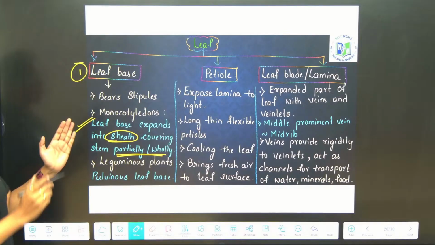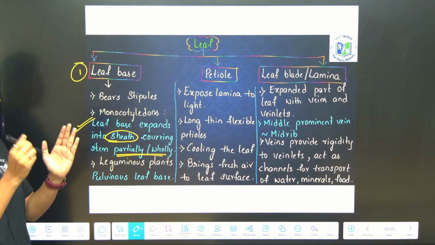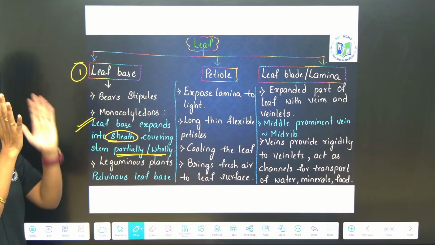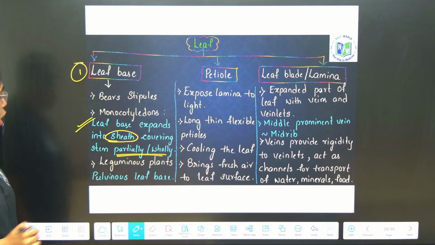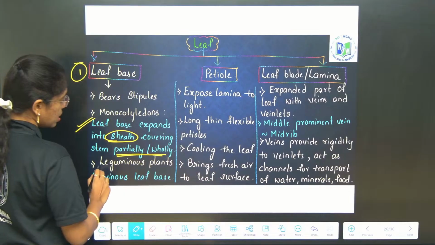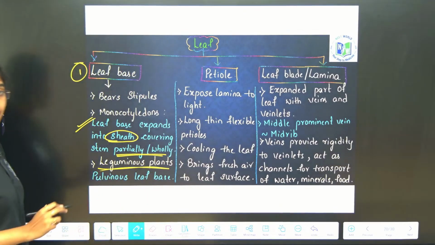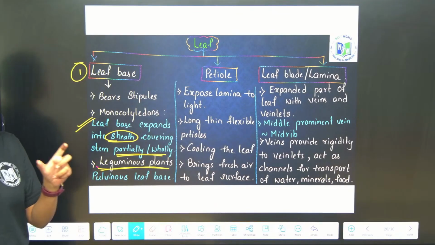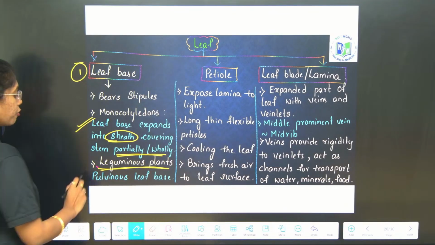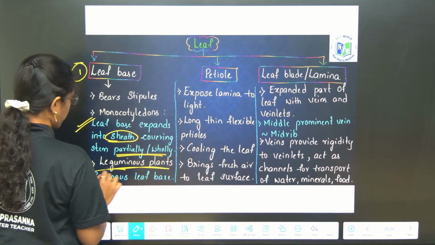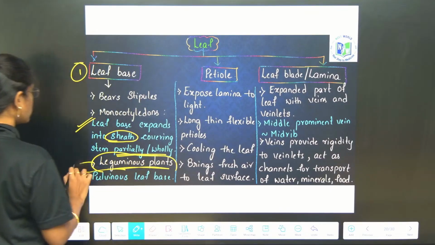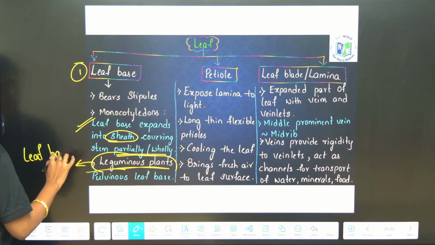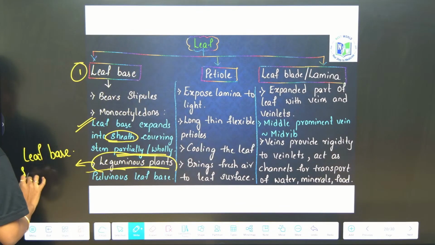In leguminous plants, leaf base is swollen. That swollen leaf base is called pulvinus leaf base.